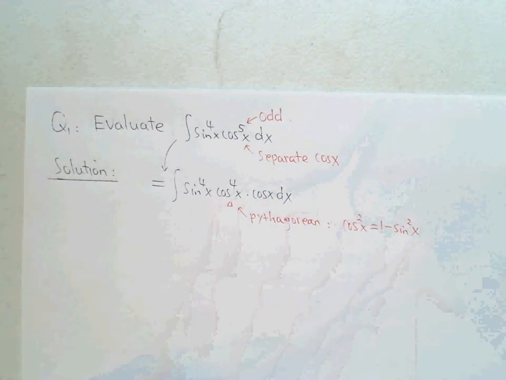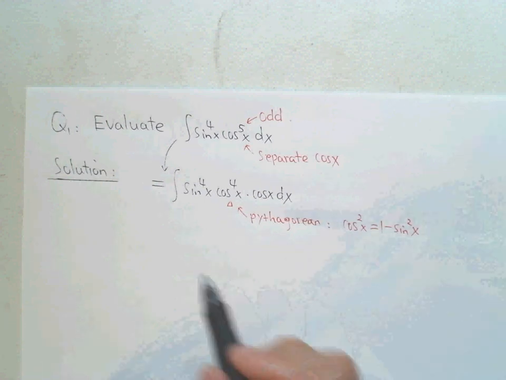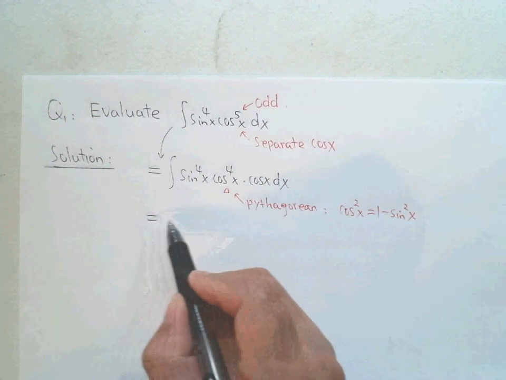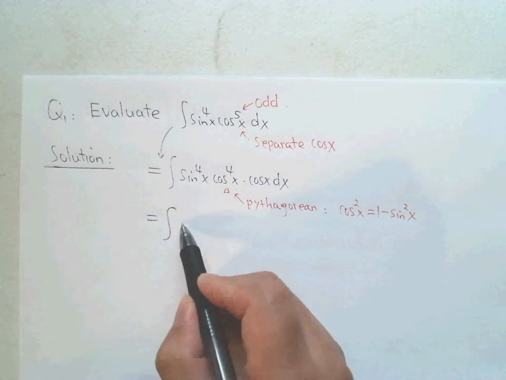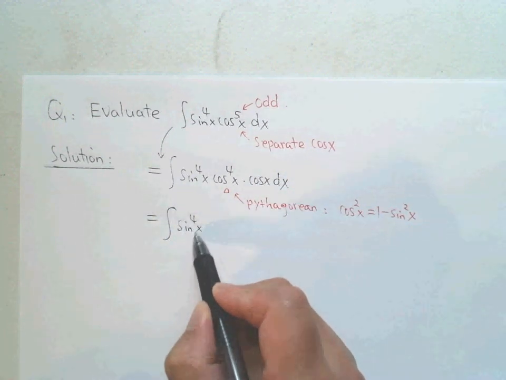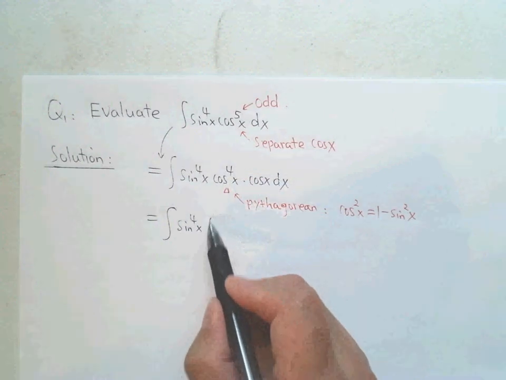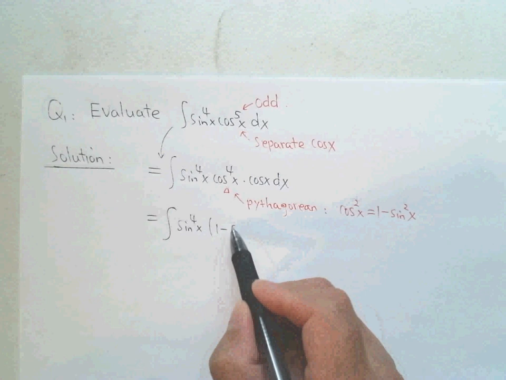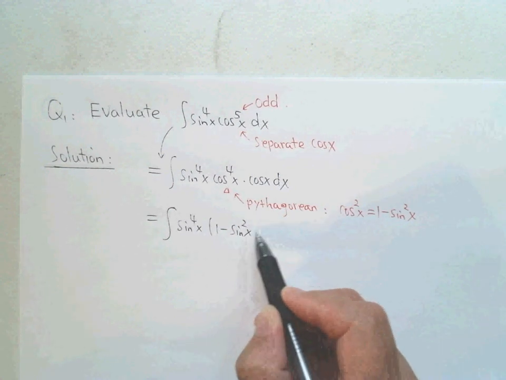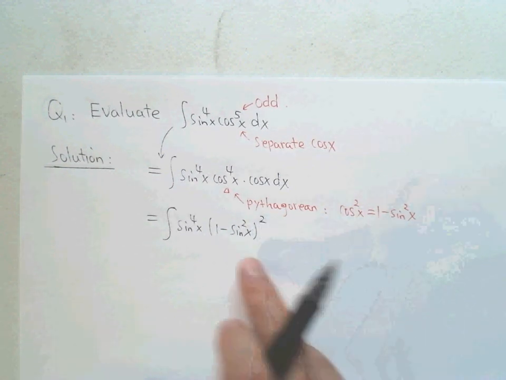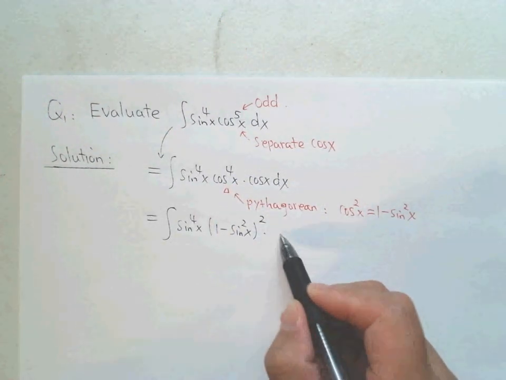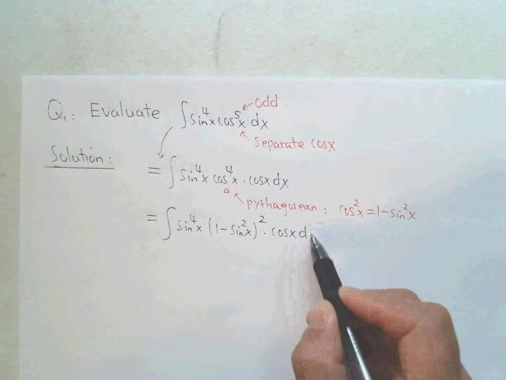We can make cosine to sine. This is going to be sine to the fourth power times 1 minus sine square, and then squared again. Cosine square goes to cosine to the fourth, and then times cosine x dx.